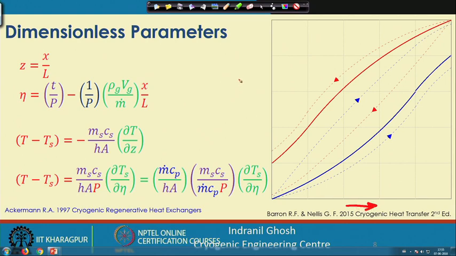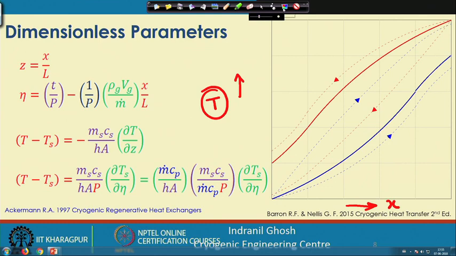Here we have the reduced temperature, and on this side we have the dimensionless longitudinal distance, and this is how the cold fluid is entering this heat exchanger.